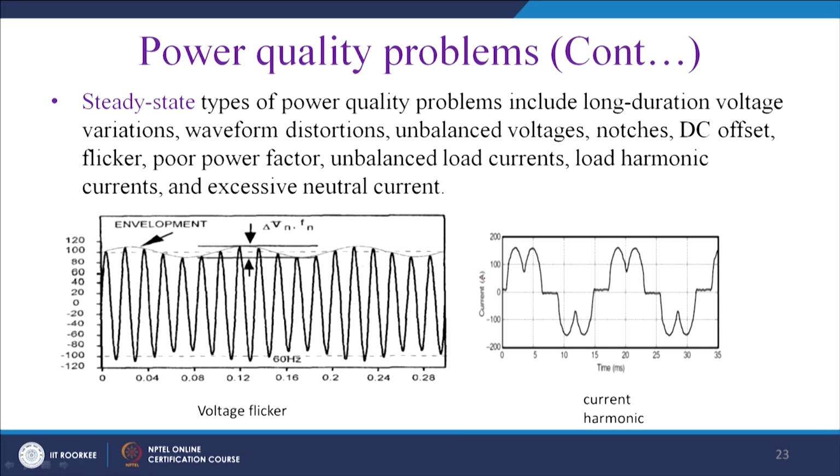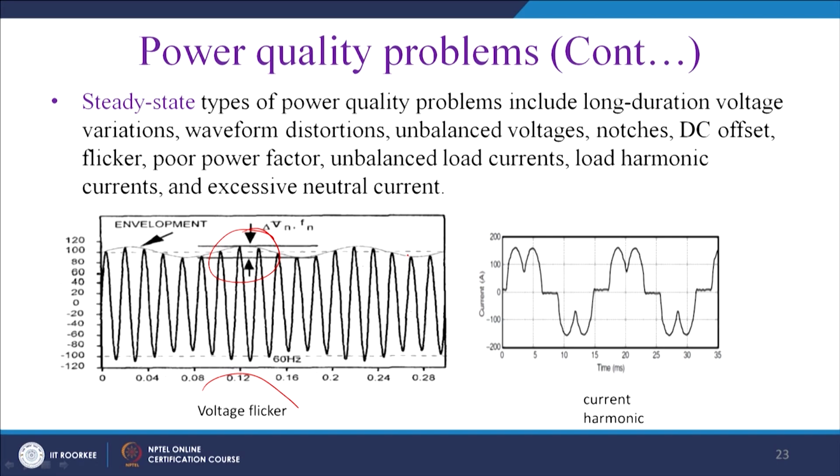So, you will get all of these, and this is basically the voltage flicker, all of a sudden it will flicker, and we can see that with this 50 hertz a low frequency is superimposed, and due to that it may cause a lot of damage to the power system.